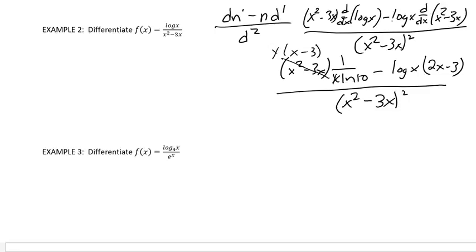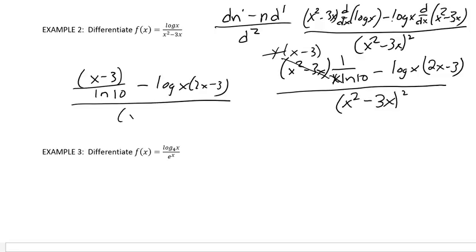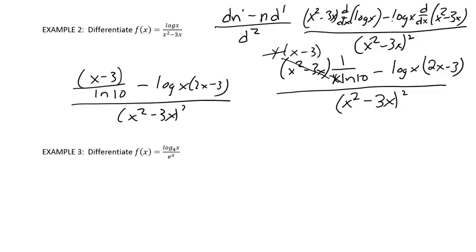So what I'm left with is x minus 3 divided by the natural log of 10, minus the log of x times 2x minus 3, all over x squared minus 3x, squared. Now that's of course not simplified, because they would not leave the second fraction in the top there, although it's not horrible, especially these days, but this is the derivative in an unsimplified form.